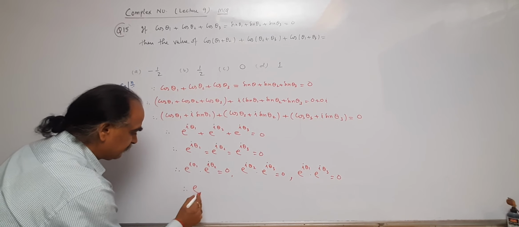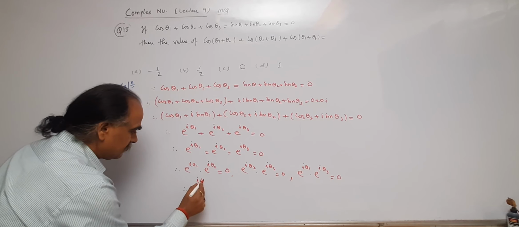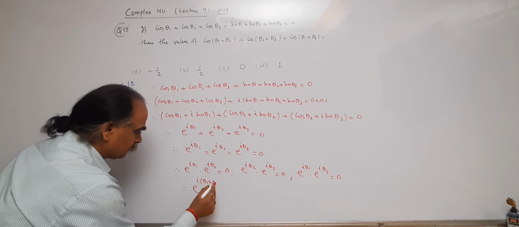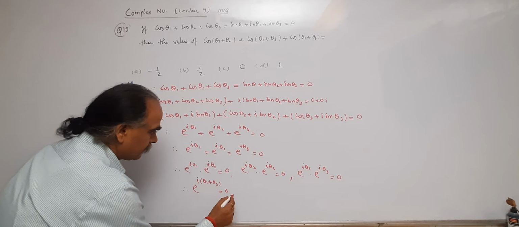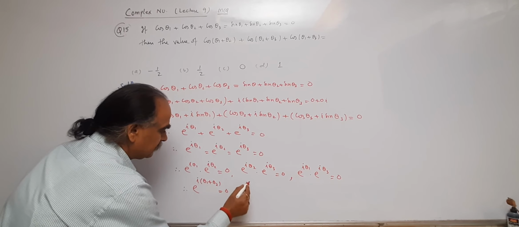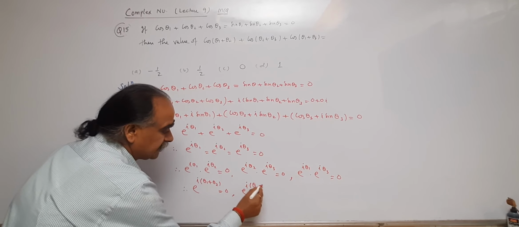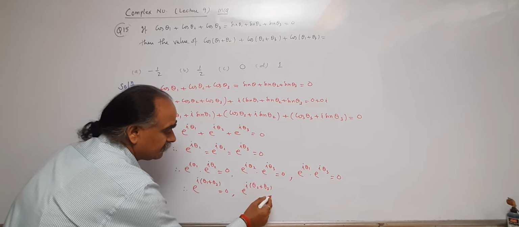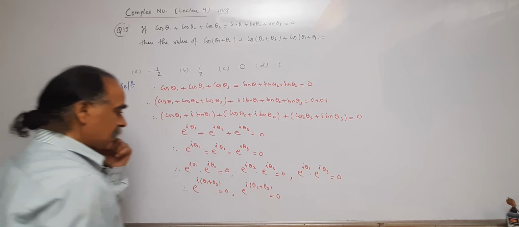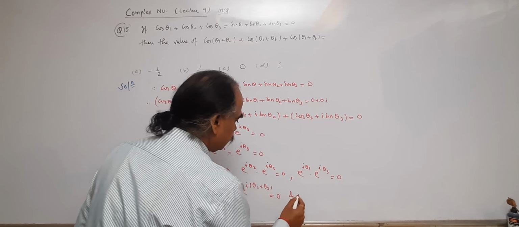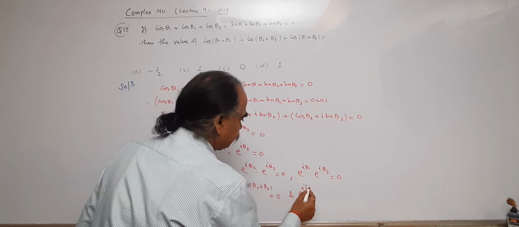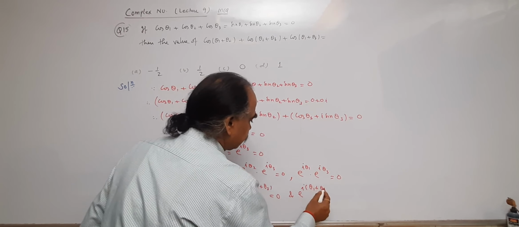So this will give you e raised to i of theta 1 plus theta 2, e raised to i of theta 2 plus theta 3, and e raised to i of theta 1 plus theta 3.